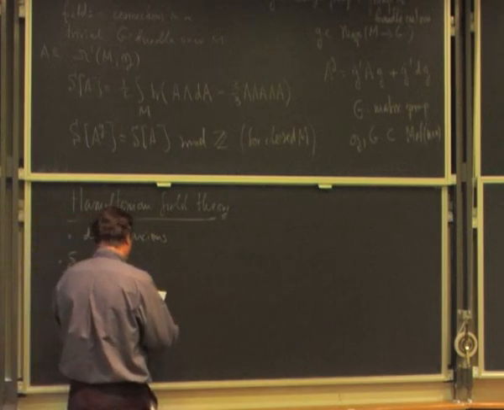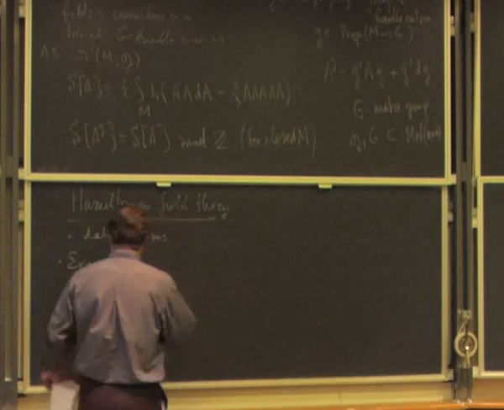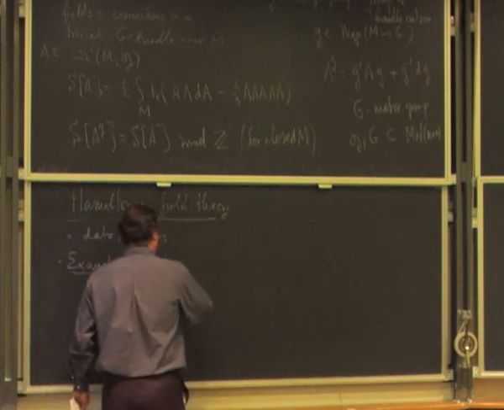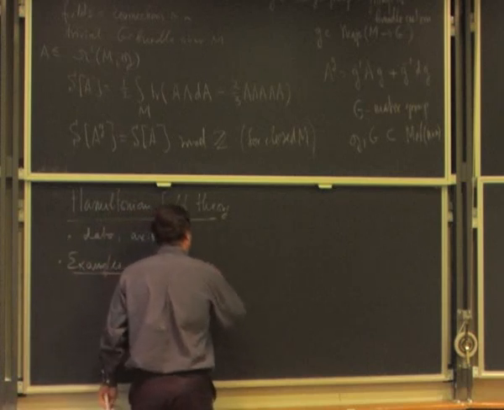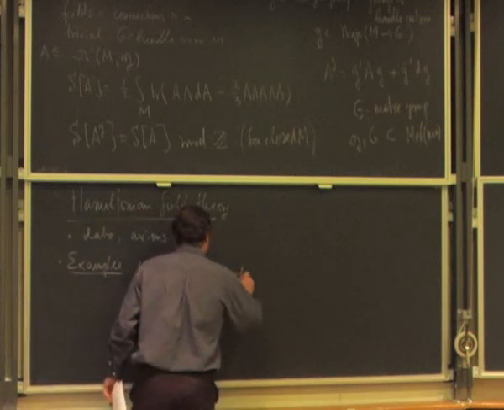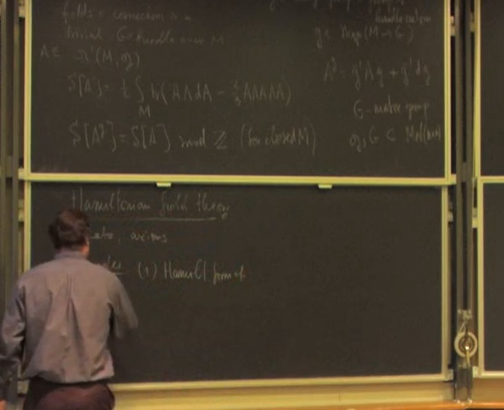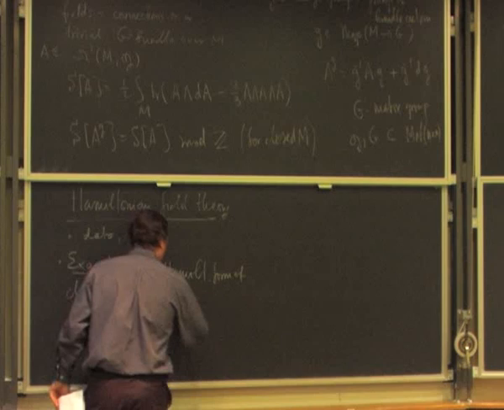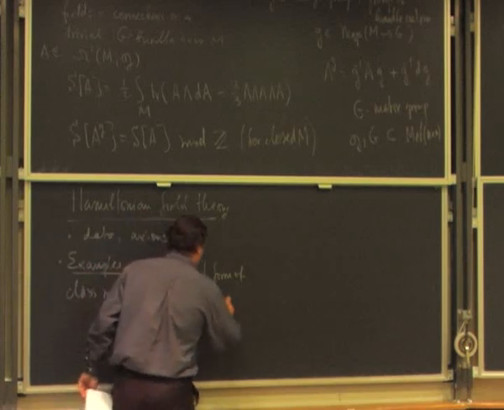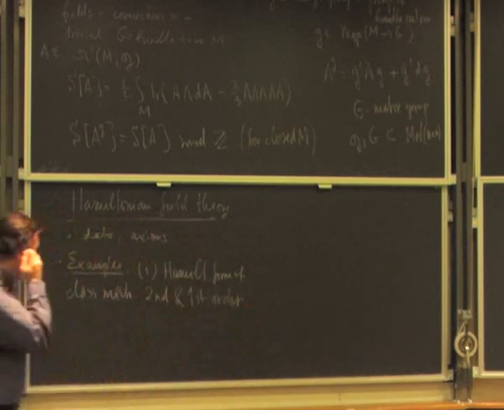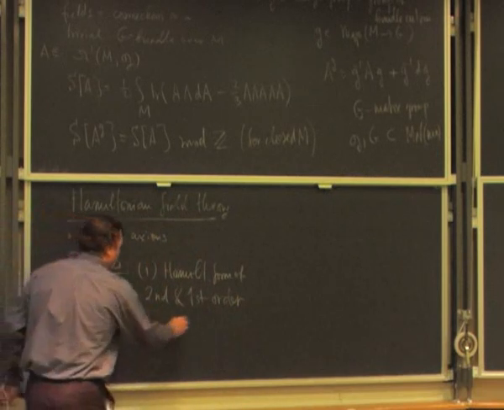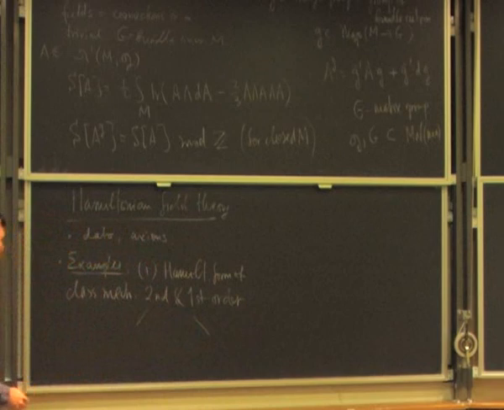So the first example was the Hamiltonian formulation of classical mechanics, second and first order, and we have seen the difference between the second and first order classical mechanics.